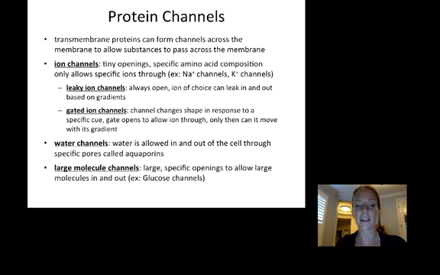Only then can it move with its gradient. Water channels will allow water in and out of the cell through specific pores called aquaporins. And there are also large molecule channels with specific openings to allow large molecules in and out.